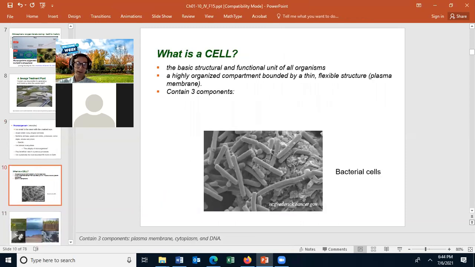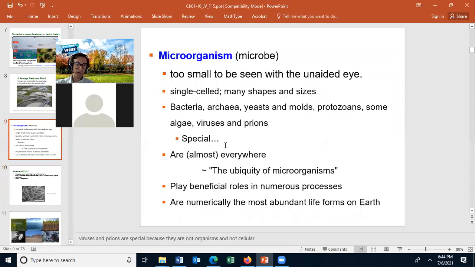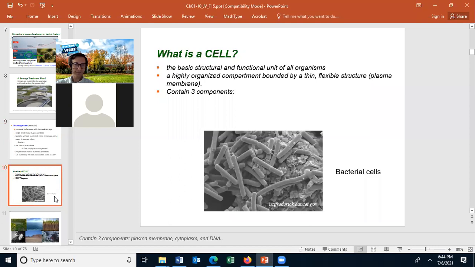Now, I've talked about cells. Let's talk about what is a cell. A cell is the basic structural and functional unit of all living organisms. But wait a minute. Didn't we just call viruses and prions a microbe? And they don't have cells? Well, yes, that is correct.